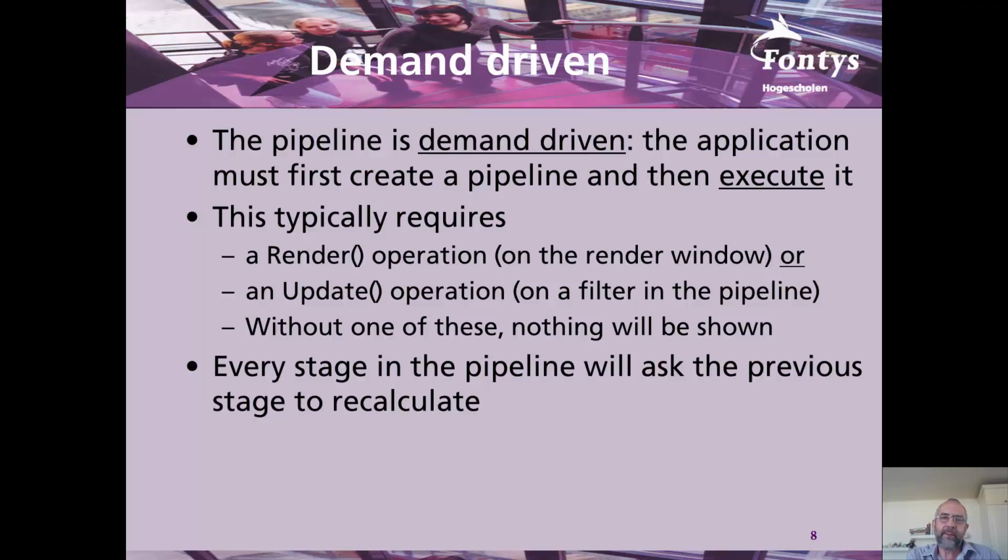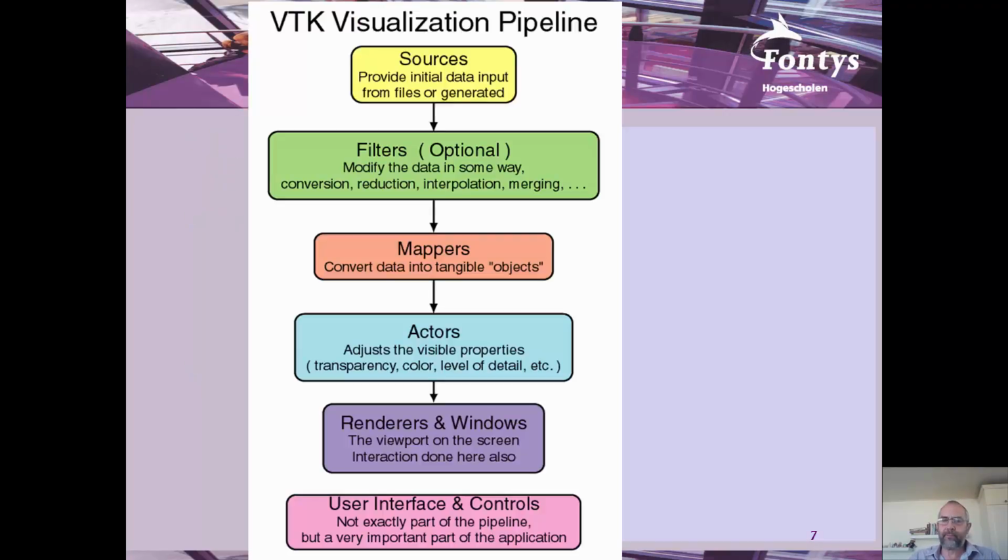There must be somebody pulling data out of the end of the pipeline. So it's not like the source is pushing the data into the pipeline, but there must be something pulling data out at the end. Data is generated only on demand, and we don't have such an operation yet. There's nothing at the end of the pipeline.